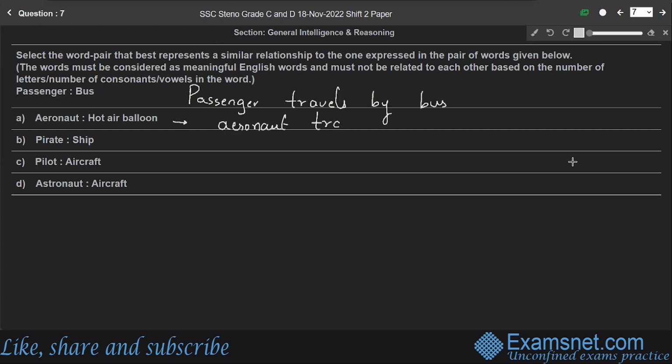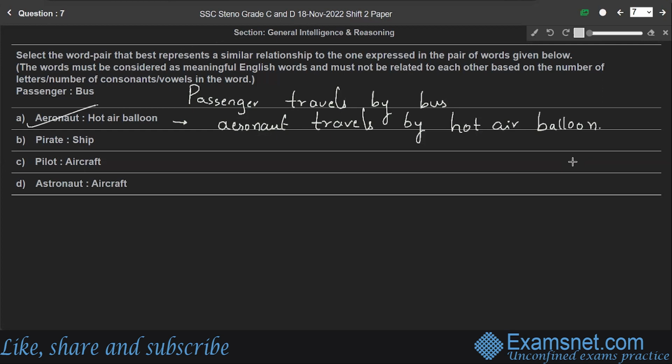The first word travels by the second word, hot air balloon. Therefore, option A gives a similar relationship between the given two words.